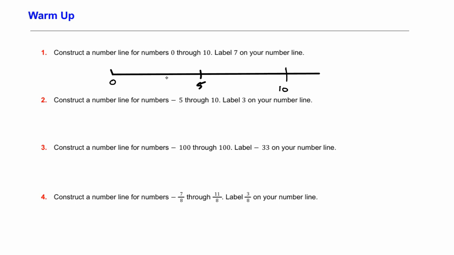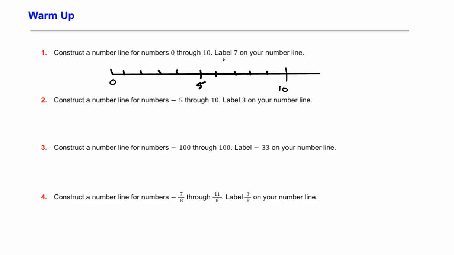It's kind of hard to put in equally spaced lines from 0 to 10 sometimes, but I can go 0 to 5, which makes it a little bit easier to say 1, 2, 3, 4, and they're somewhat equally spaced. 5, 6, 7, 8, 9, 10. Not great, but not too bad.